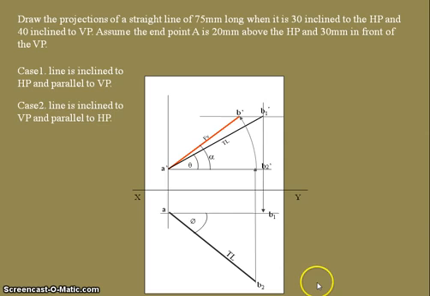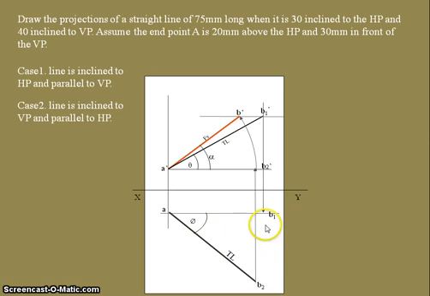Next we need to draw the final top view for a given straight line when it is inclined to both planes. Here also, for drawing the final top view we need to make use of the top view which is obtained in the first case. In the first case the top view we have obtained is A to B1. So the distance A to B1 we need to take as a reference for getting the final top view.